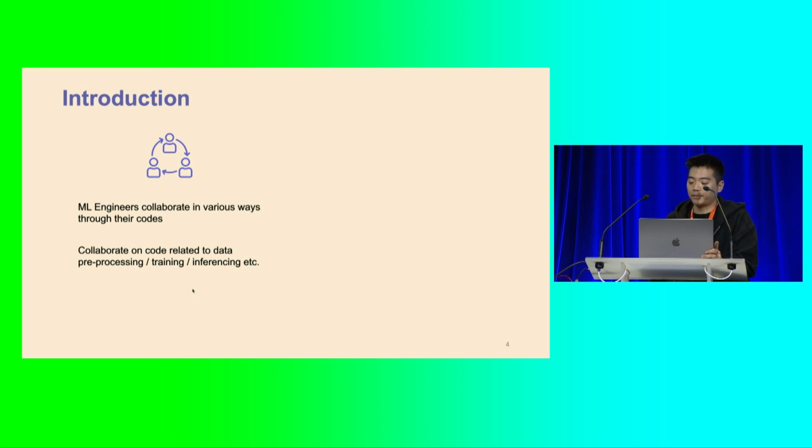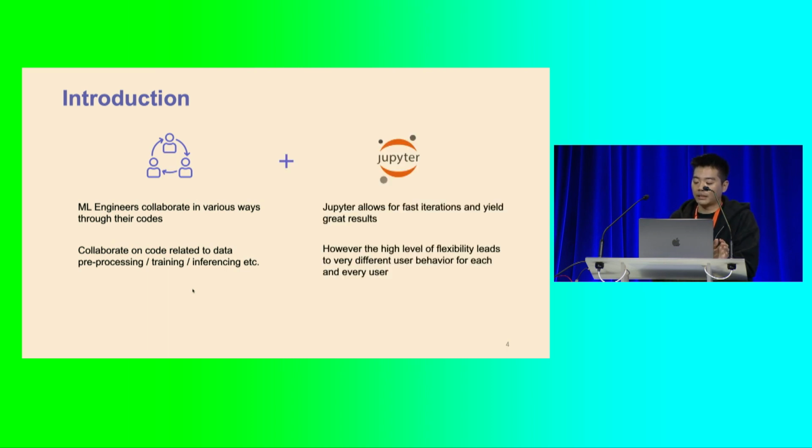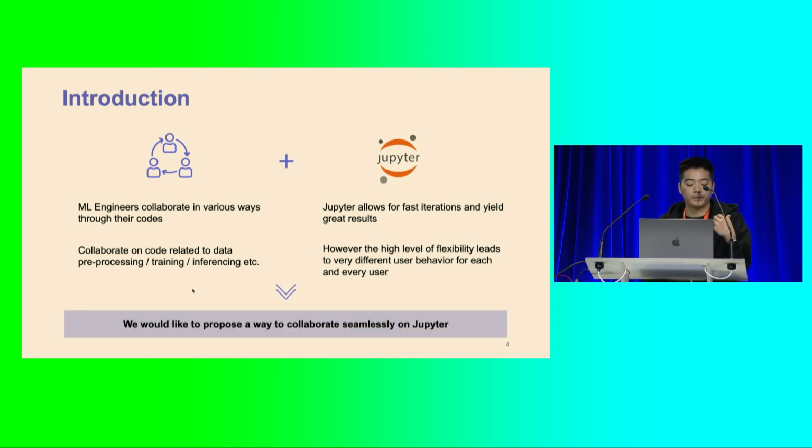Jupyter allows for fast iterations, leading to more trial and errors for you to achieve your end goals more quickly. However, the high level of flexibility of Jupyter leads to very different user behavior for each and every user. So we would like to propose a way to collaborate seamlessly on Jupyter.